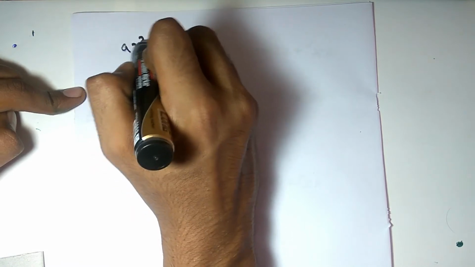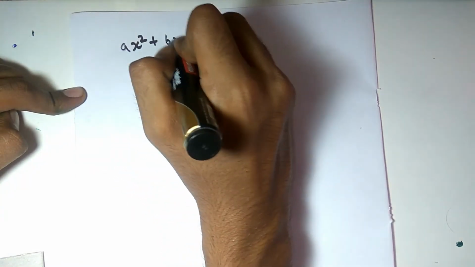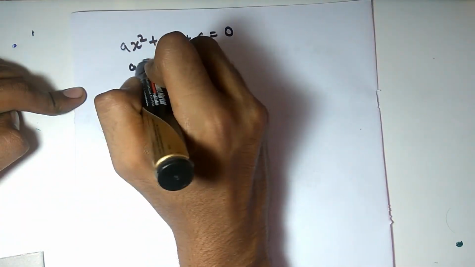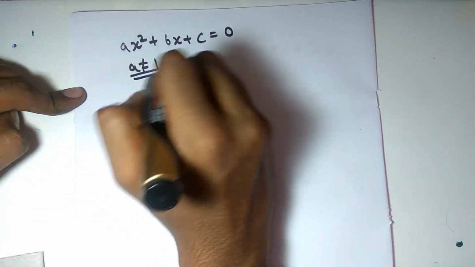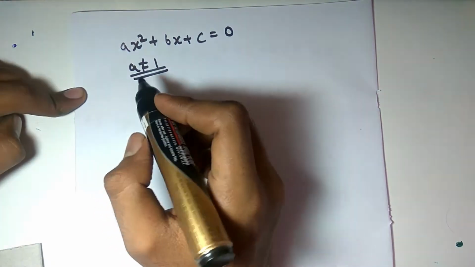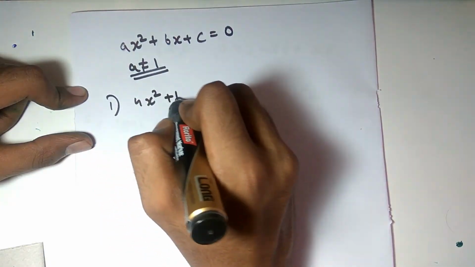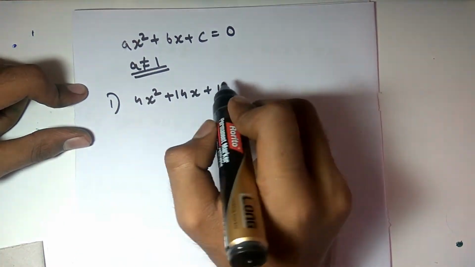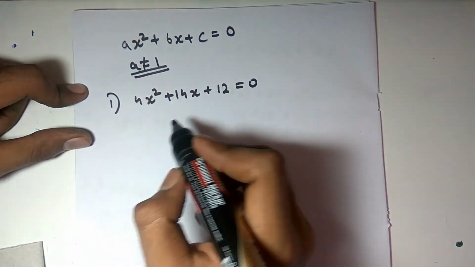ax square plus bx plus c equal to 0, and a is not equal to 1. So we can do the problem 4x square plus 14x plus 12 equal to 0. How can we do the problem?